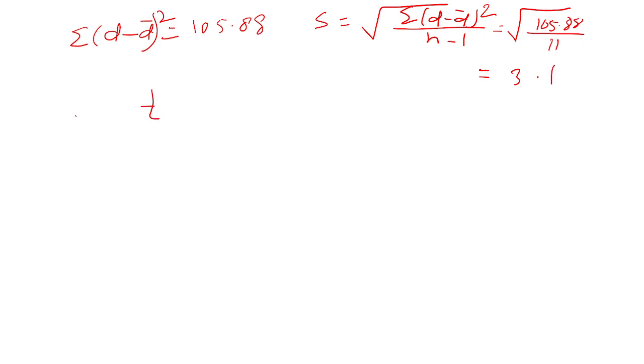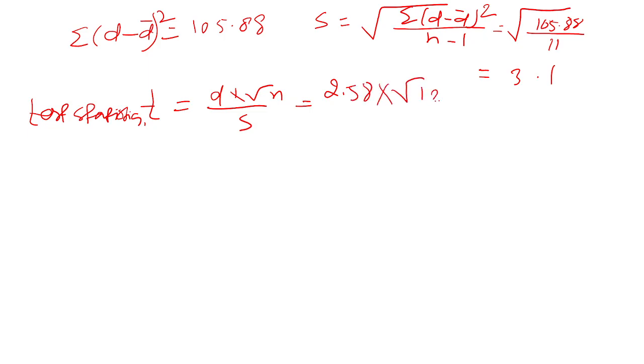So now the test statistic will become D bar into root n upon S, which is 2.58 into root 12 upon 3.1. It came to 2.88, and it was a one-tail test. I think we have defined it already.